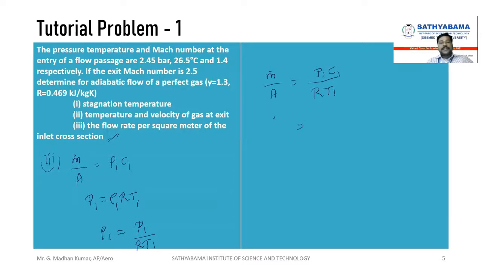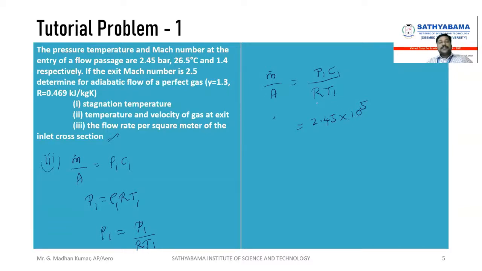And then you know the value of P1, right? P1 is given in the problem. It was 2.45 bar. So you have to convert the bar into Newton per meter square, that is Pascal, right? So conversion of bar into Newton per meter square is 10 to the power of 5. You have to multiply. Please remember this step, because don't substitute the value in bar directly.